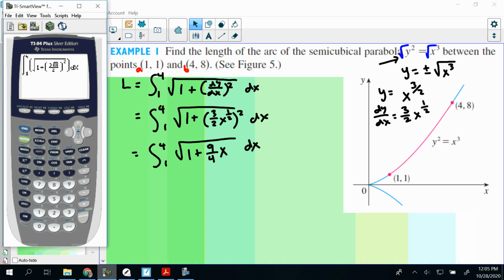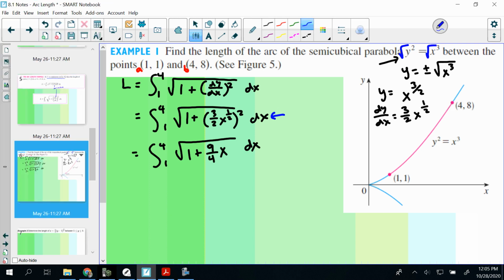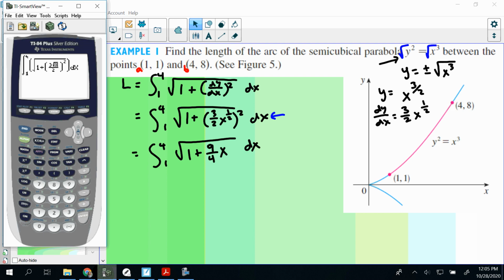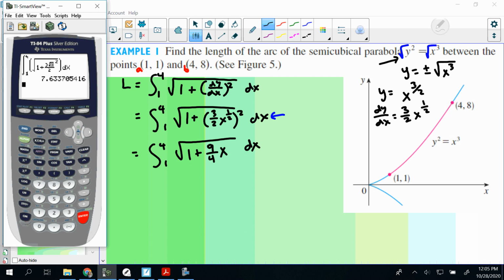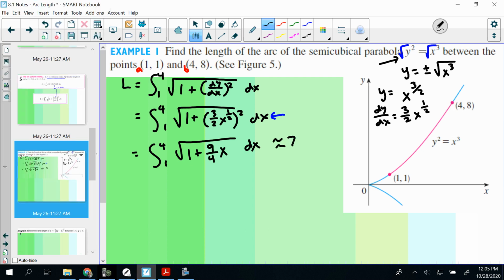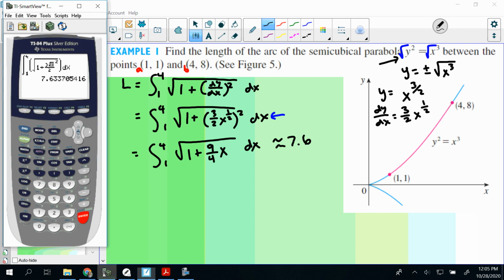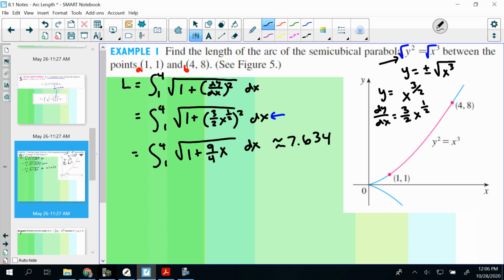If we use our calculator and input that function, and I've kind of done that already right here, from 1 to 4, you could hit it, and this would give you the approximate length of that line. So it looks like the arc length comes out to be about 7.634, rounded to 3 decimal places. So sometimes that's going to be all you have to do.